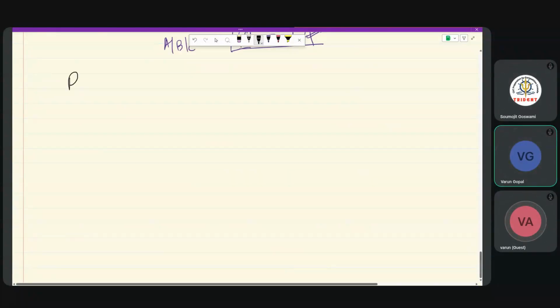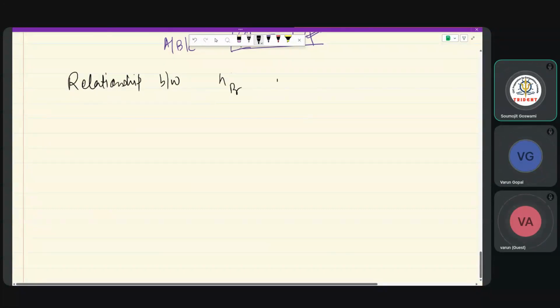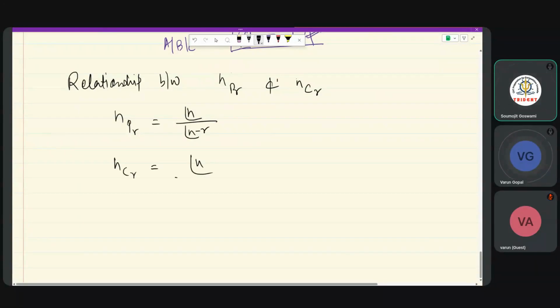Let's define a relationship between the two formulas that we had, NCR and NPR. You know that NPR is factorial n by factorial n minus r, and NCR is nothing but factorial n by factorial n minus r into factorial r, right?